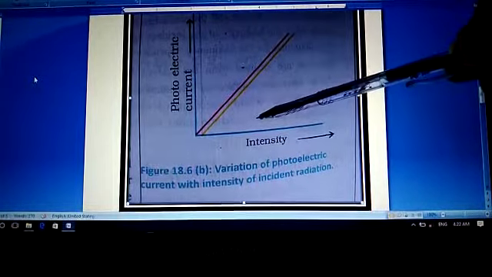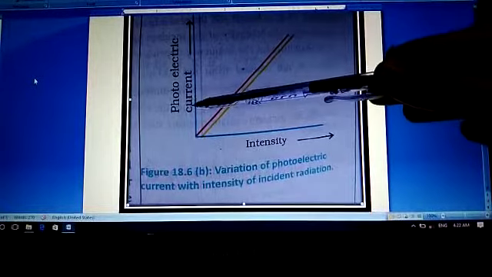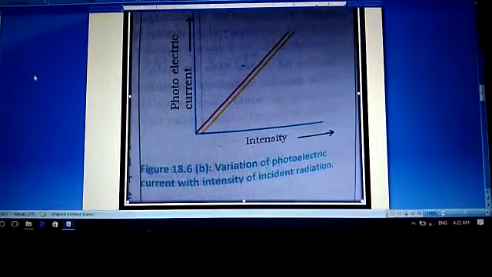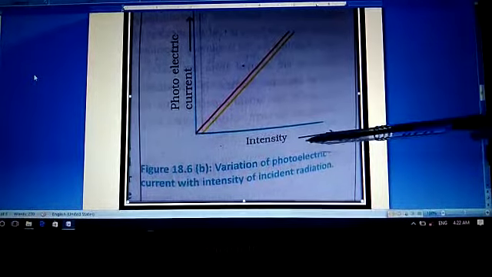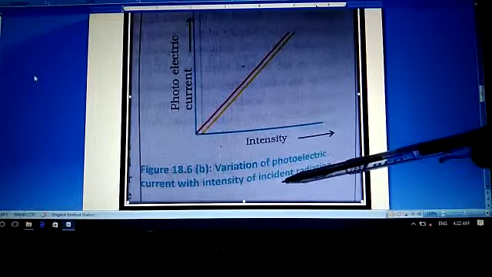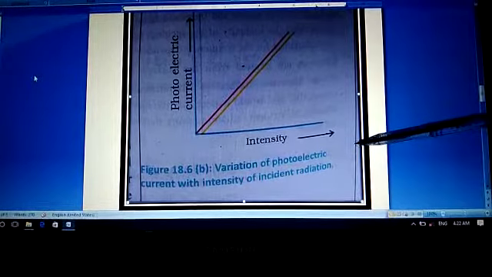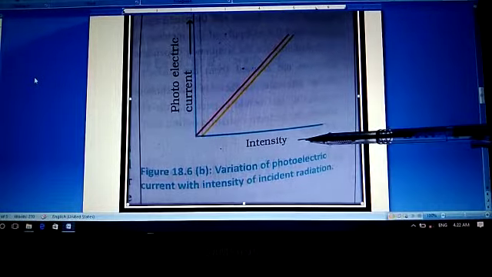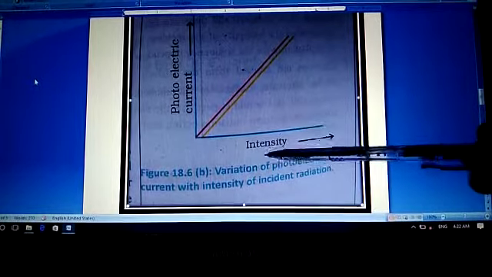We get this graph for the variation of the photoelectric current with the intensity of the incident radiation. If we keep increasing the intensity of the incident radiation, then the photocurrent also increases, and it increases linearly.